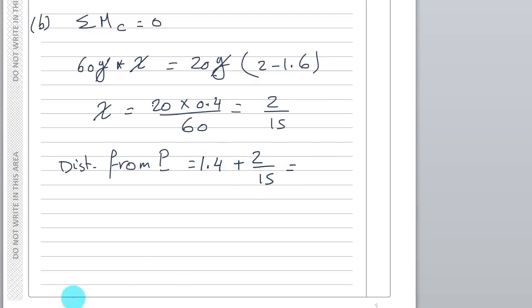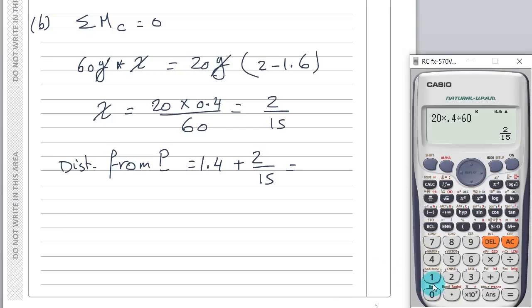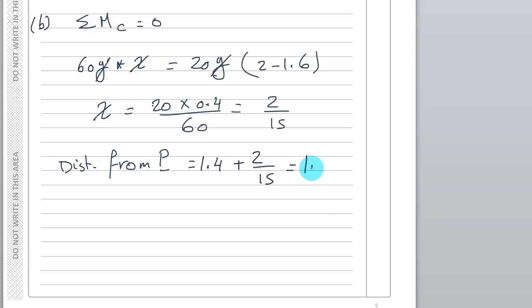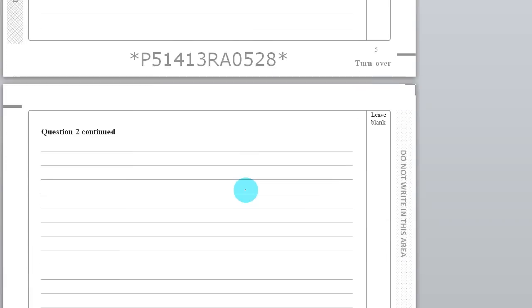So it is equal to, let us find the solution, 1.53 meters, and this is the distance the boy can walk without tilting the beam.